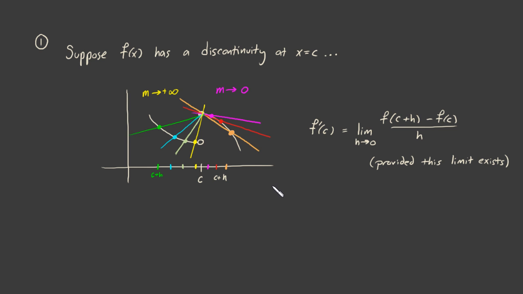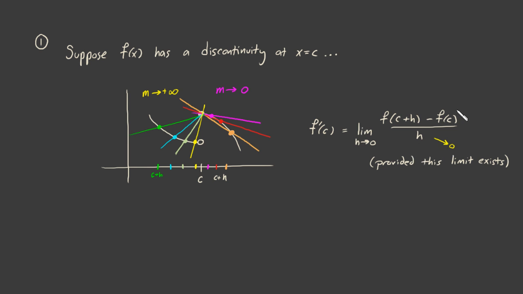So can we make a more compelling argument to claim that f cannot be differentiable, that this derivative cannot exist, regardless of what kind of discontinuity we have? And we can indeed do that. Consider the following. If this limit did exist, notice the denominator in the limit as h goes to 0, of course, is going to 0. Okay?